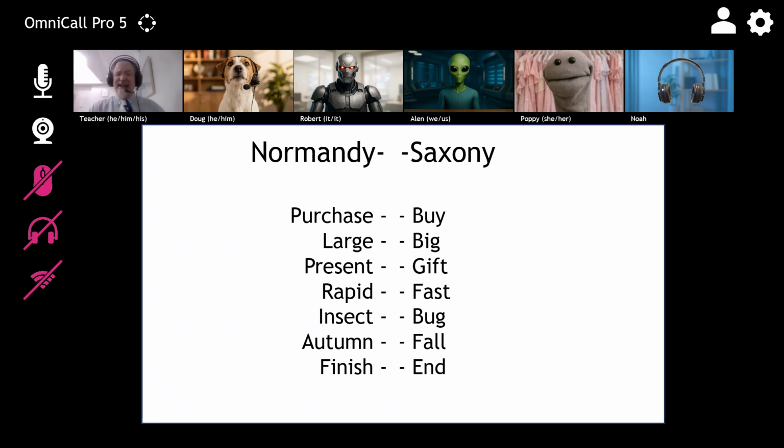It's not so much length as it is tone. Norman is soft and flowing and fancy. Saxon is hard and punchy and physical. A counterexample I've used with other classes is graveyard versus tomb. Graveyard has all the hard sounds in it, like grr, r, d. Tomb has that flowing ooh sound in it.